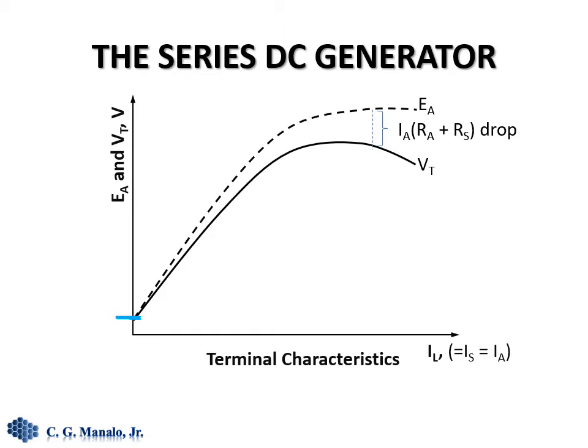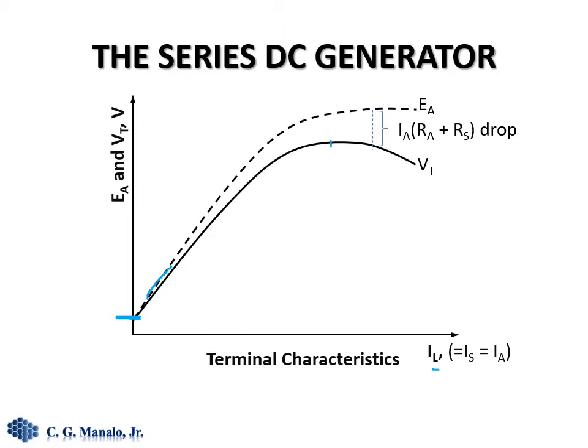So initially, the terminal voltage will increase with the load current, and in fact, almost the same as the increase in E sub A. However, as the load current increases, there is a point here where the terminal voltage starts to decrease.